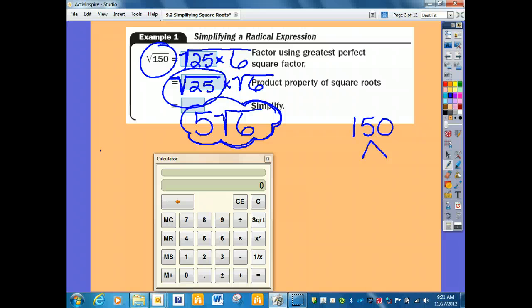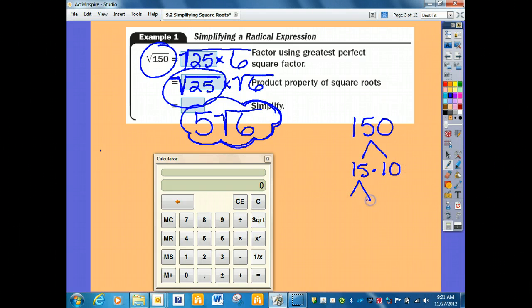So I can break down all my factors. What times what is 150? We could start out with 2 times 75, or 3 times 50, or 15 times 10. And we'd all end up with the same answer at the bottom. So let's just start out with 15 times 10.